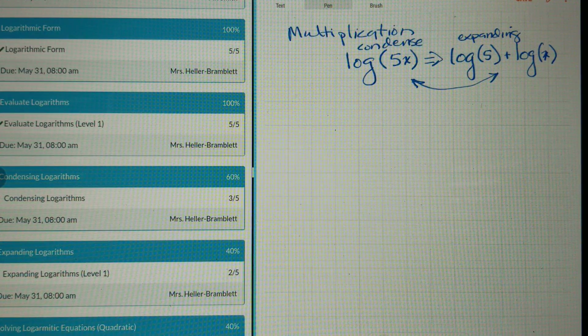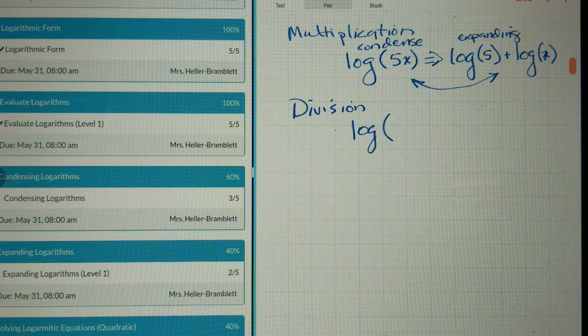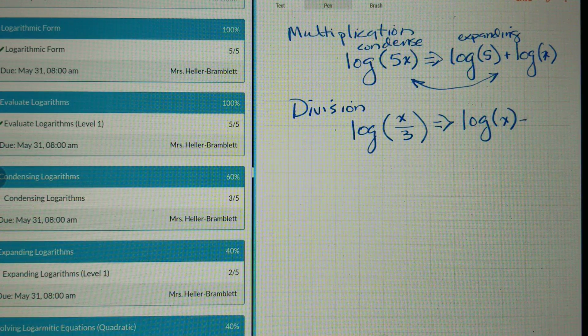In the same way, if you think about exponents, when we divide exponents, we subtract them. So we would say that the log of x over 3 is going to be equal to the log of x minus the log of 3.